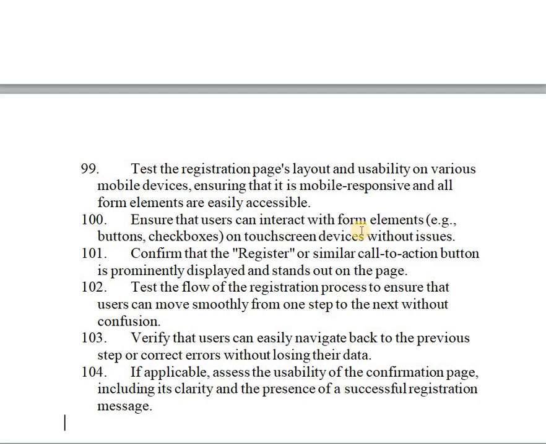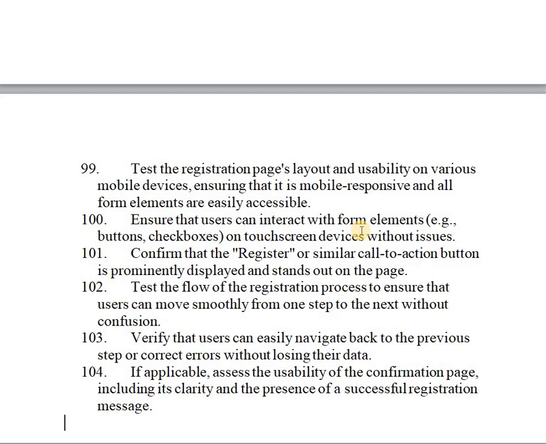Then confirm that the register or a similar call to action button is prominently displayed and stands out on the page. Then next, test the flow of the registration process to ensure that users can move smoothly from one step to the next without confusion.